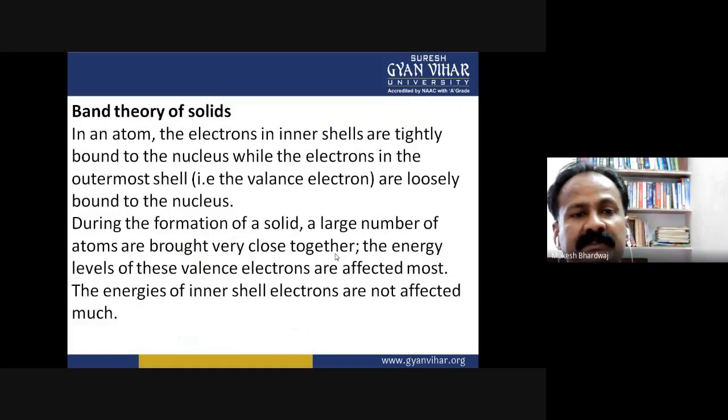Band theory of solids. In an atom, the electrons in inner shells are tightly bound to the nucleus, while the electrons in the outermost shell, that is the valence electrons, are loosely bound to the nucleus.